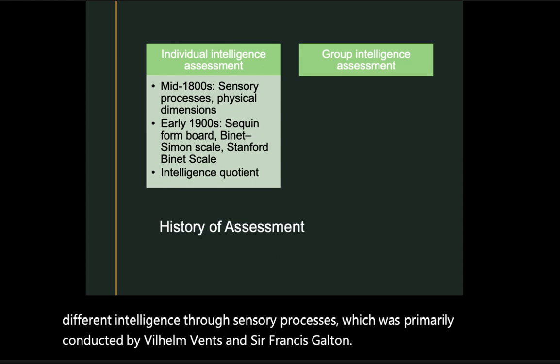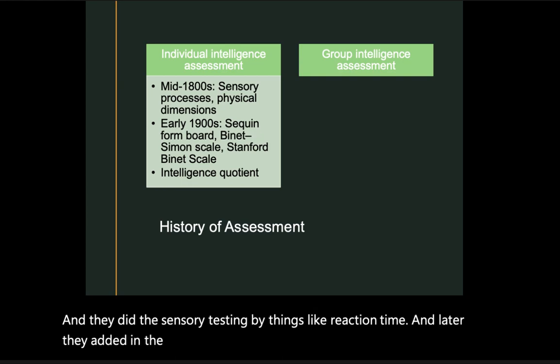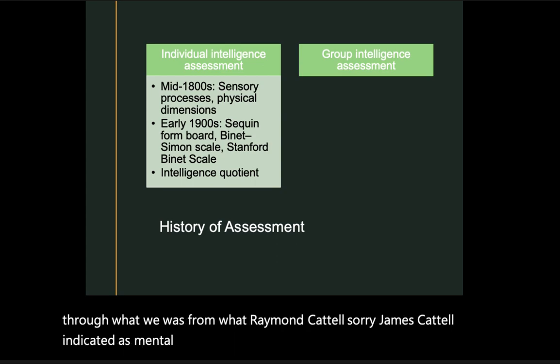They did the sensory testing by things like reaction time. Later, they added in the study of physical dimensions to indicate intelligence, through what James Cattell indicated as mental testing. And mental testing is now what we call intelligence testing.